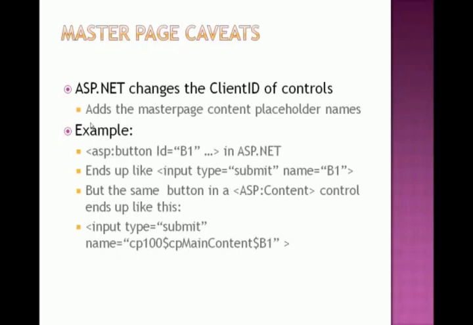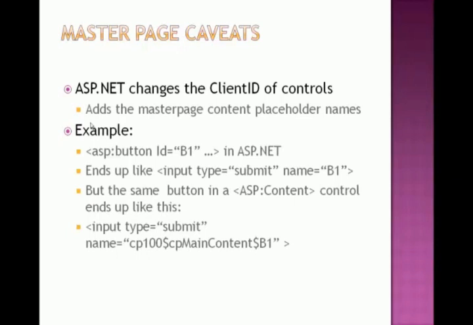Just to show you how it looks, if you have an ASP button server control and its ID is B1, when you run this in the browser it ends up as an input tag, its type is submit, and its name is B1, which is the same. However, if you have the same ID for a button in an ASP content server control, the ID will be prefixed with several values when it is created as a client ID.